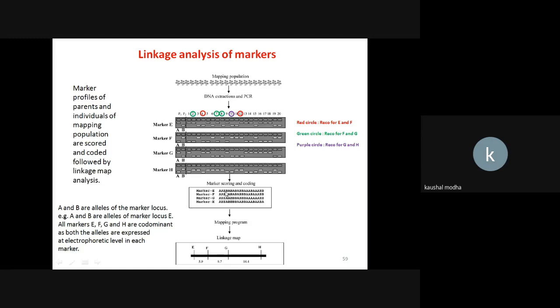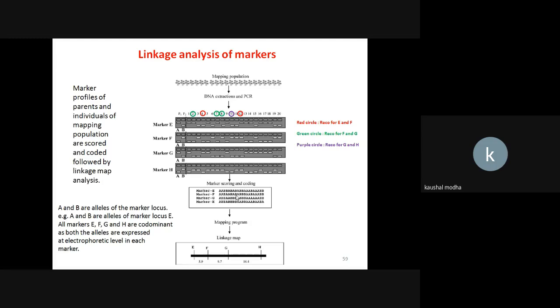The third RIL is parental type similar to P2, because P2 is expressing the B allele for both markers, and we observe the same profile here. But RIL number 4 is BA, so this is recombinant. AA parental, BB parental, so these are all parental up to this point. RIL number 12 is recombinant, so here you can see A, B. Likewise, the scoring is performed and the number of recombinant RILs for the markers is decided.